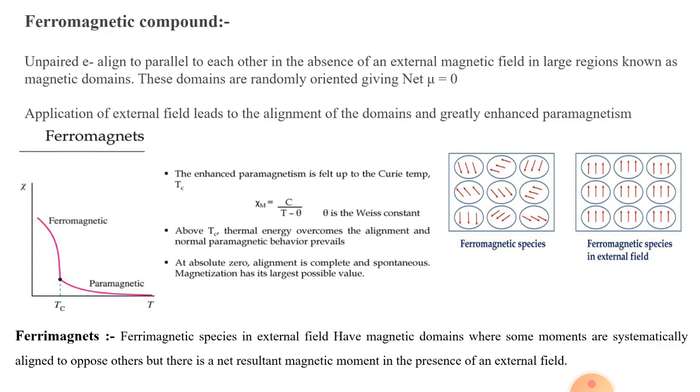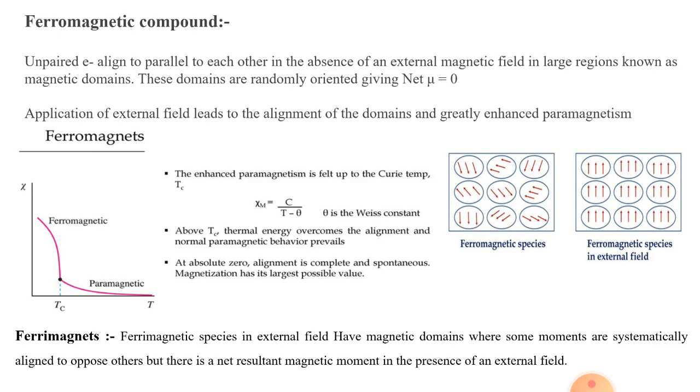As shown in the graphical representation, when we decrease the temperature down to a particular Curie temperature, they show paramagnetic behavior, and when we decrease the temperature towards a lower value, there is a sharp increase in the magnetic behavior. To explain the behavior of the ferromagnetic compounds, there is also a relation chi is equal to C by T minus theta, where theta is the Weiss constant. At Tc, the thermal energy overcomes the alignment and the paramagnetic behavior appears. At absolute zero, alignment is complete, and spontaneous magnetization has its largest possible value.